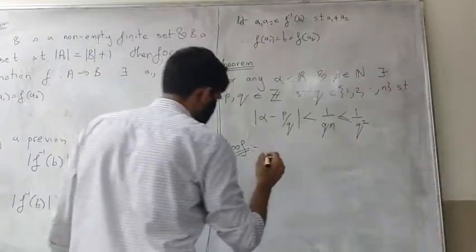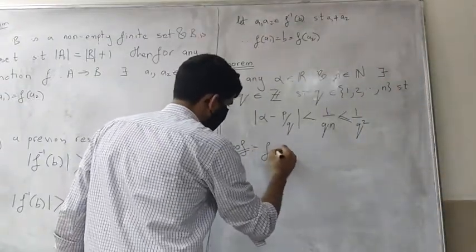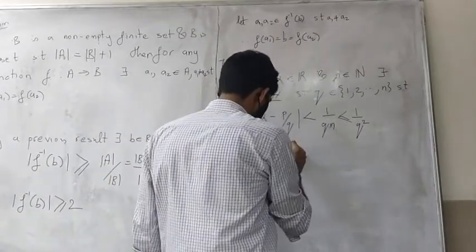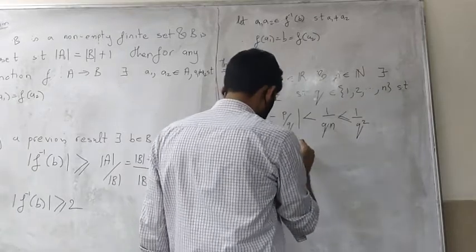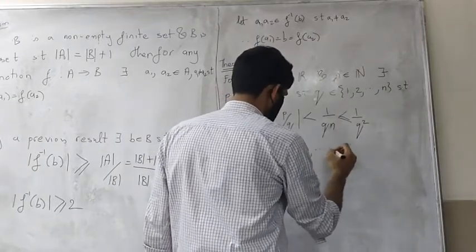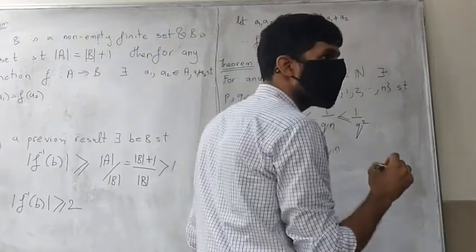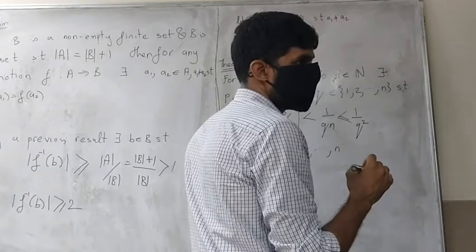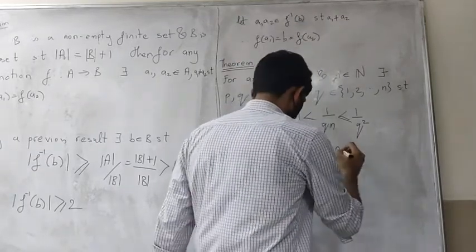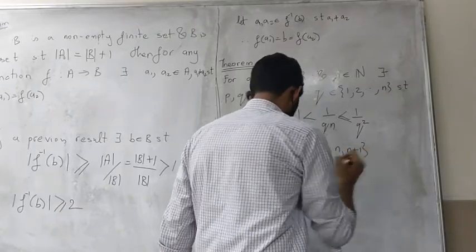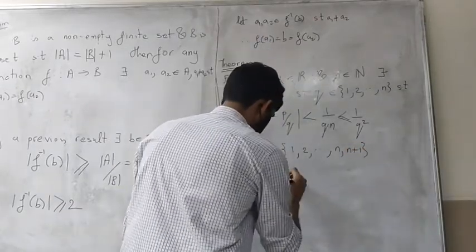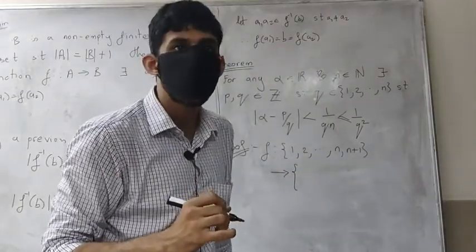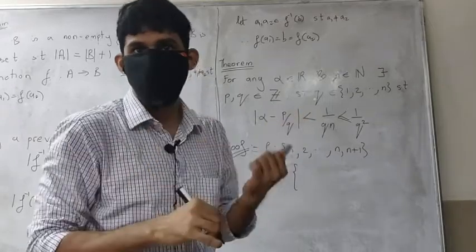So define f from q in 1, 2, up to n plus 1. I'm going to split 0, 1 into subintervals of length 1 by n.